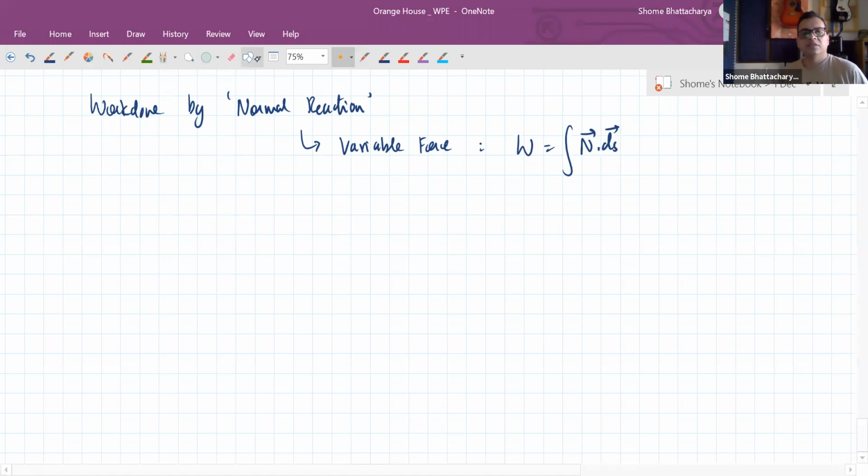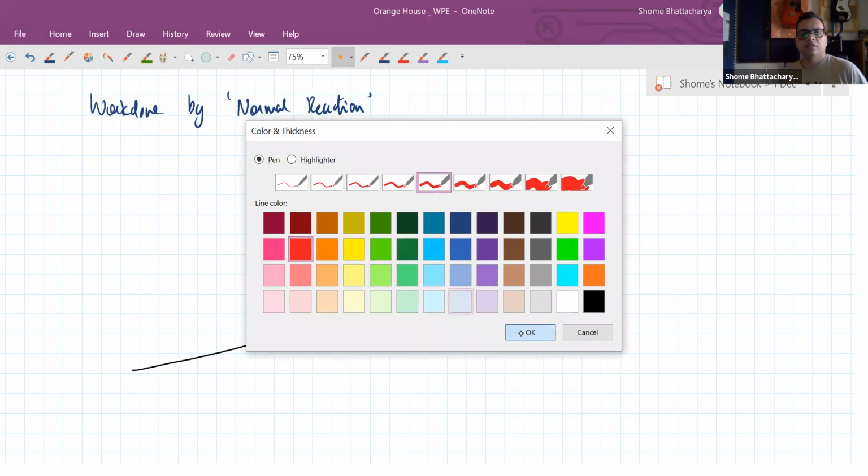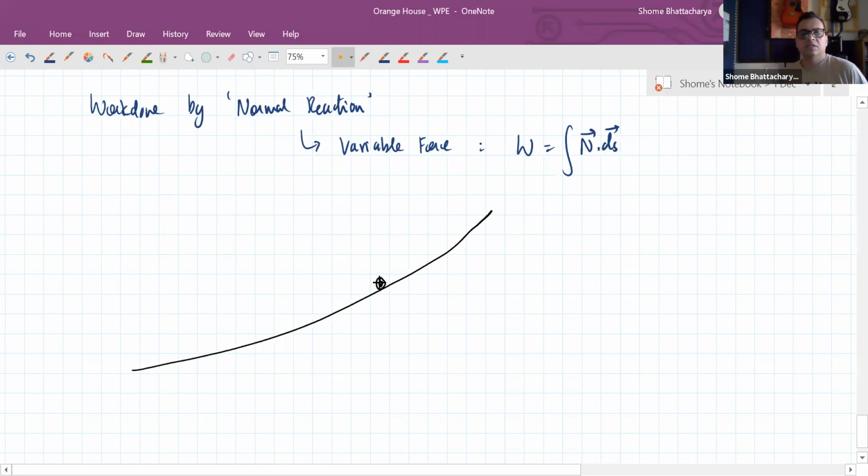Now this is where it becomes very interesting, that there is actually no way to calculate normal reaction at a given point, because it's acting in an arbitrary kind of manner. But the interesting thing is, because normal reaction is always acting perpendicular to the tangent. As we had discussed, at any point of time, the direction of normal reaction is perpendicular to the tangent drawn at that point.